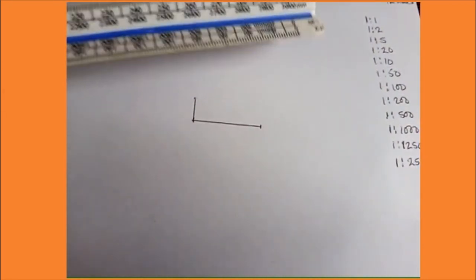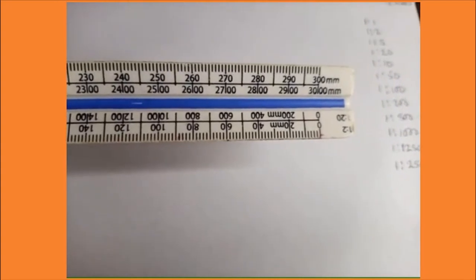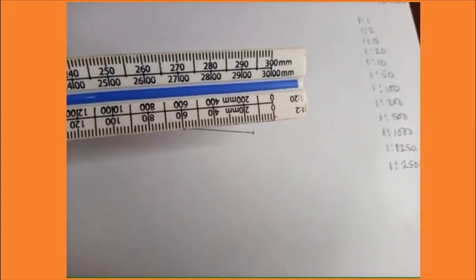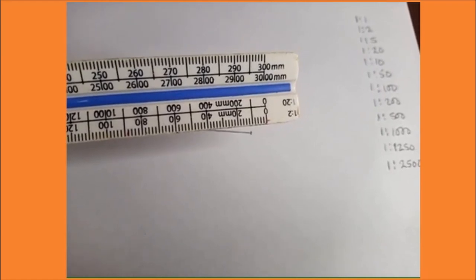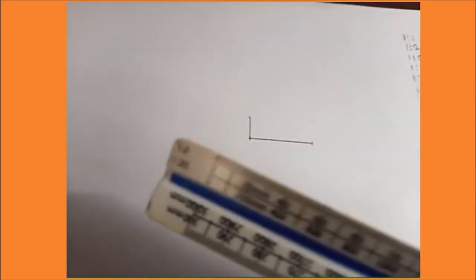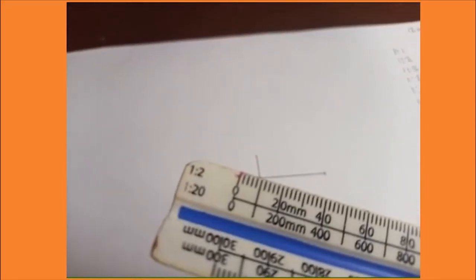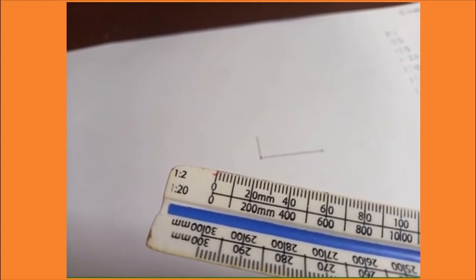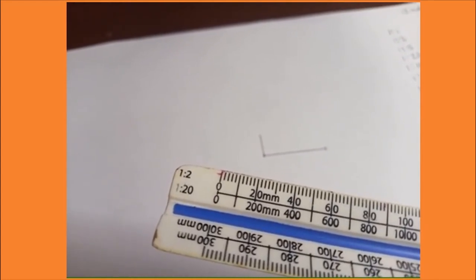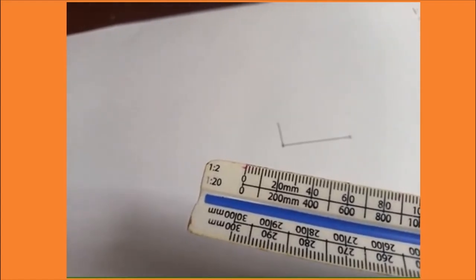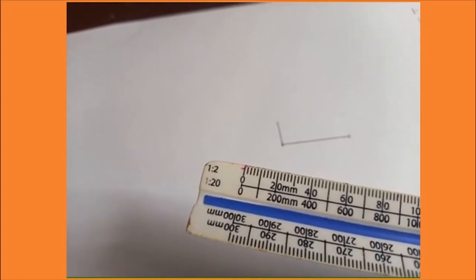So our scale rule here, we can see there is 1:2, 1:20, meaning that 1:2 will give us a half scale, so that 10 millimeters would appear as if it is 5 millimeters, and so on.